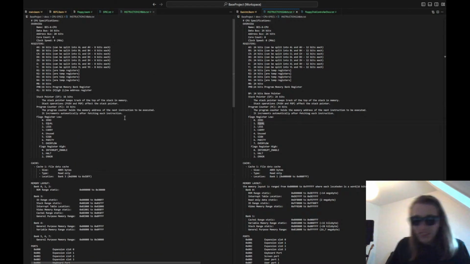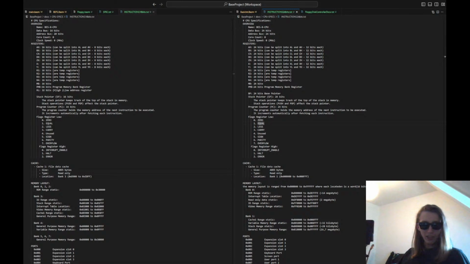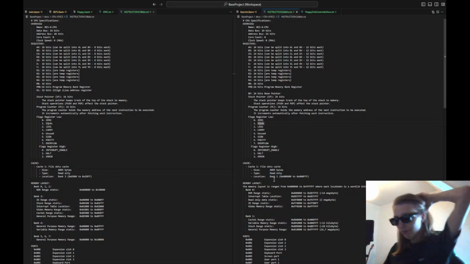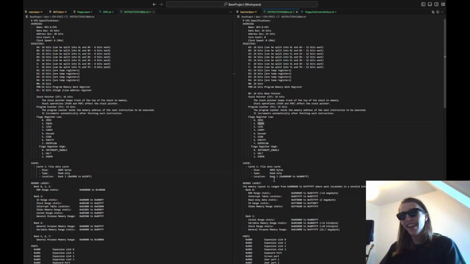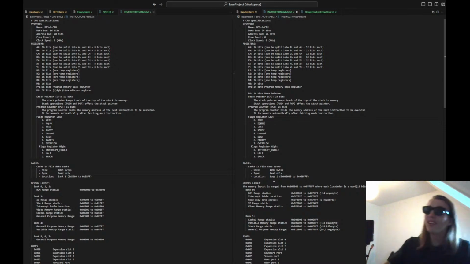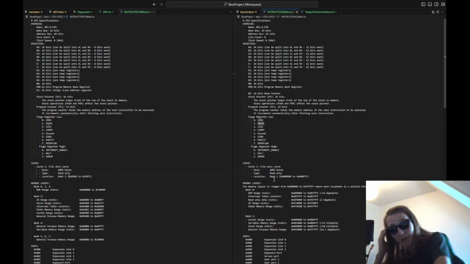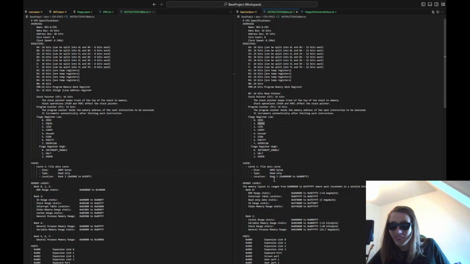Maybe I should talk about what this is. This CPU is the same one I'm trying to make a C compiler for. It's not yet done.